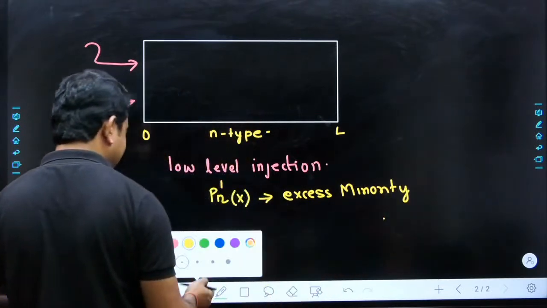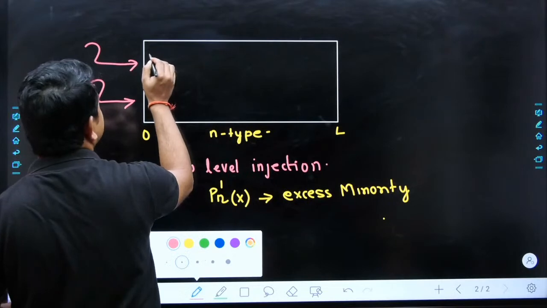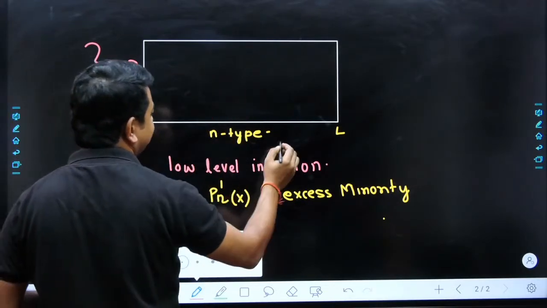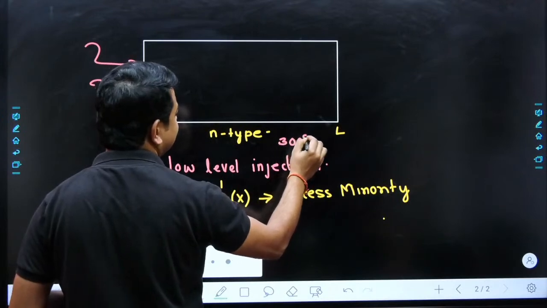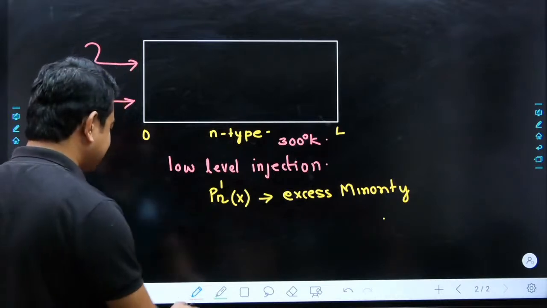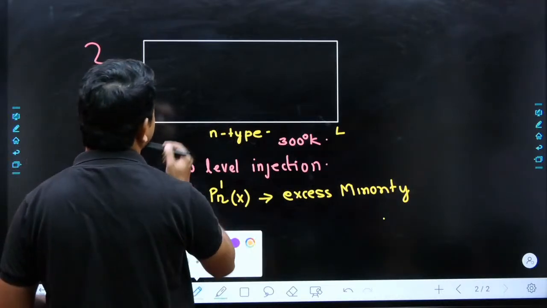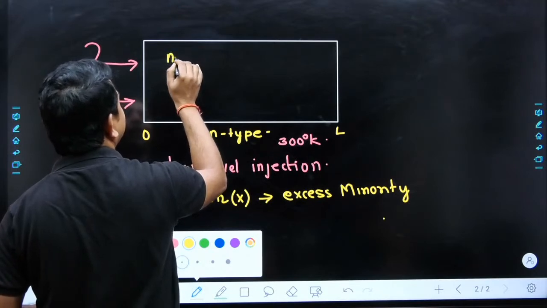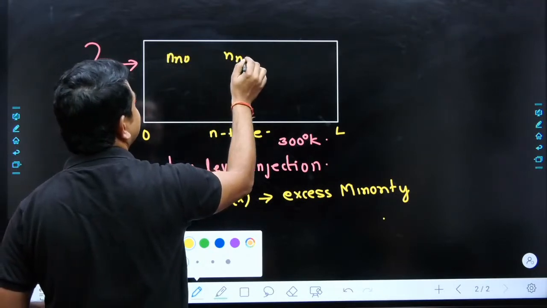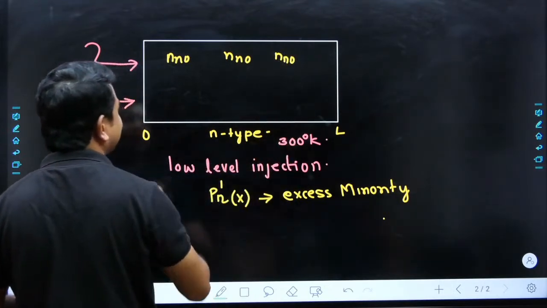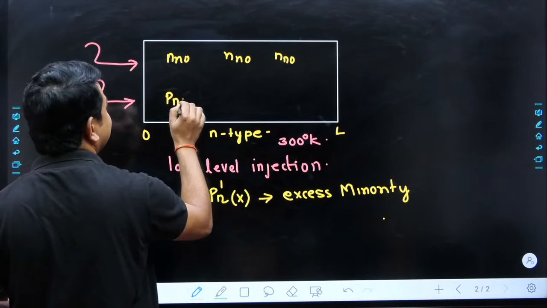The first thing we can say is that these minorities can be seen on this particular edge. Initially, when we place this semiconductor at 300 Kelvin, we can write the majorities and minorities within it. Majorities in this N type are nothing but N_D, or n in N at thermal equilibrium, and the minority is p in N at thermal equilibrium.